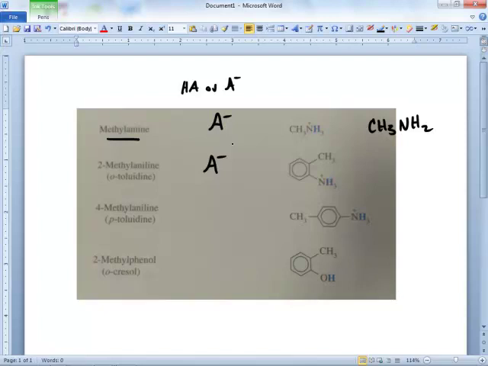What's the second word? Chloride. If it said 2-methylaniline chloride, you can have a bottle of that. That'll work. But it's not. You have a bottle of methylaniline. Okay, and its structure, just rip off the H plus technically. All right, you got your methyl and your amine.